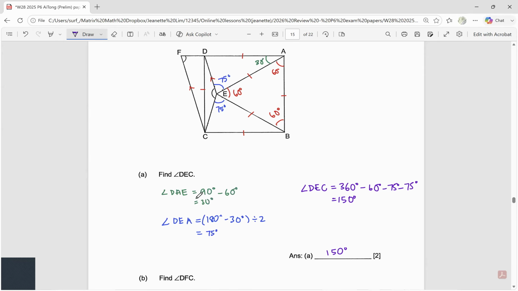Then for part B, find DFC. Okay, this angle here. So this is square, so this is right angle, which means that FDC is also right angle. Oh, okay. This is right angle, 90 degrees.